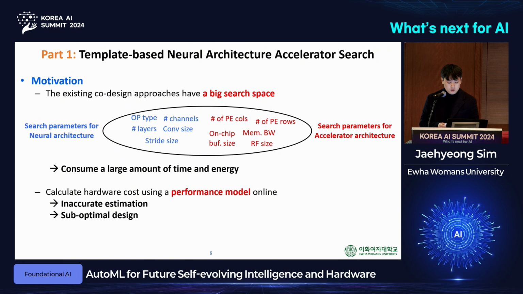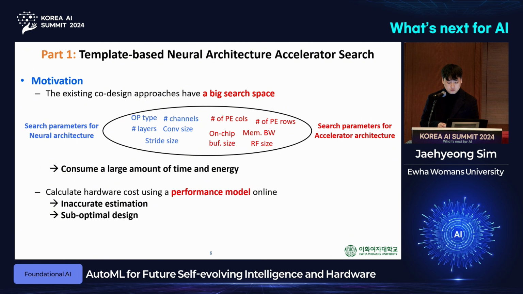For example, it has to include search parameters for neural architectures like operation type, number of channels, number of layers, convolution size, stride size, etc. There will be a huge search space just for this neural architecture search.